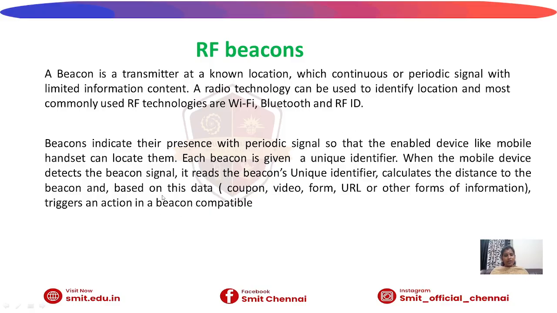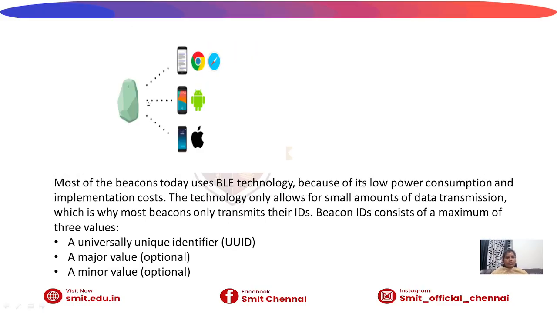From that they can access what they want, if known only. Based on the data, it may be a coupon, video, form, URL, or other forms of information. If this is the beacon, there is a mobile phone which has a browser and some apps.